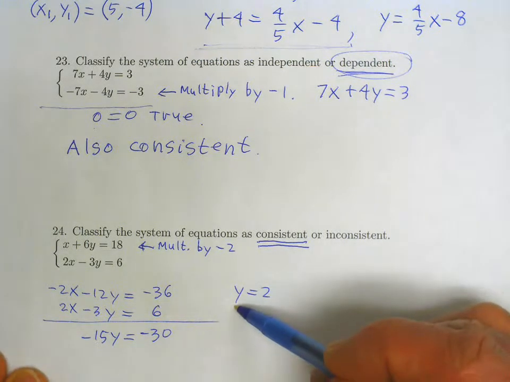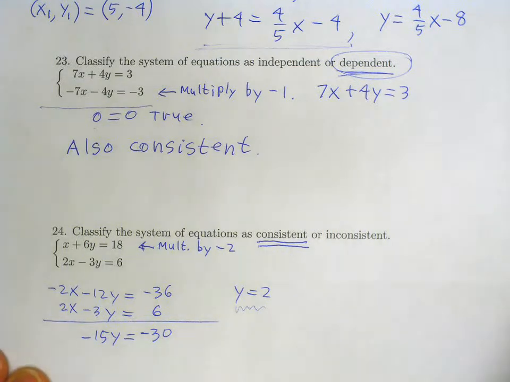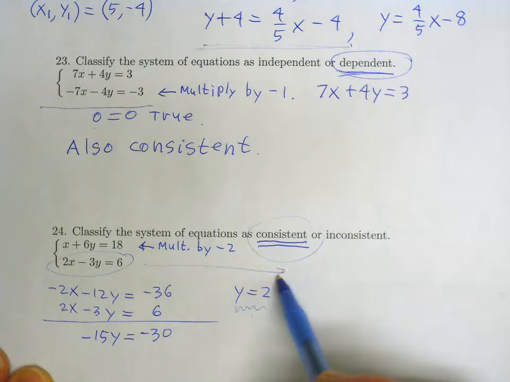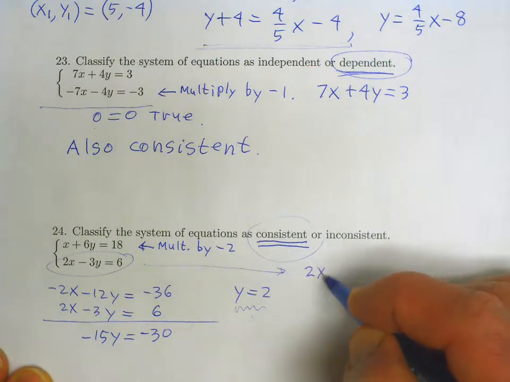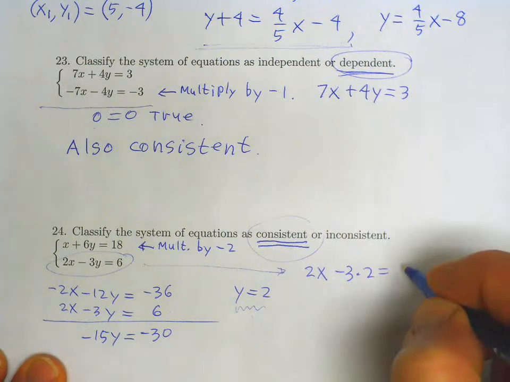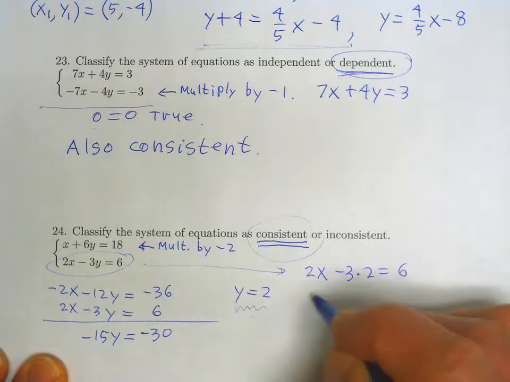So this is already enough information to know that it's consistent because there's a solution. But let's go ahead and find the x-coordinate. In this equation, I'll just replace y with 2 and then solve for x.